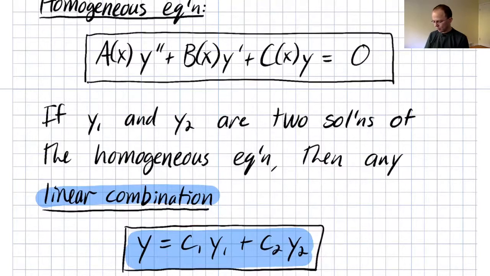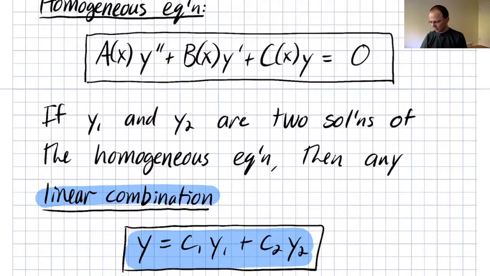So obviously we see why we're using the word combination, because we're combining these two functions together. But it's in particular a linear combination because we're not combining them by multiplying them or anything like that. This looks very much like a linear expression, just like we saw of the linear expression of the differential equation.